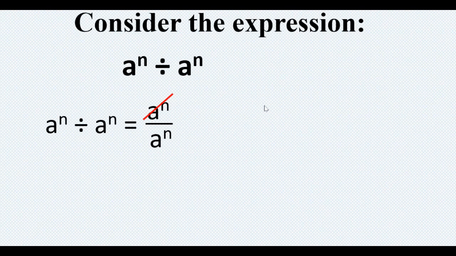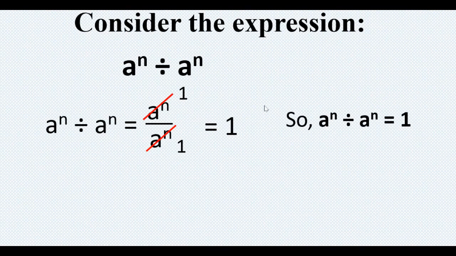So we cancel the numerator to give us 1, and we also cancel the denominator to give us 1. Therefore, the expression simplifies to 1, meaning that a power n divided by a power n is equal to 1.